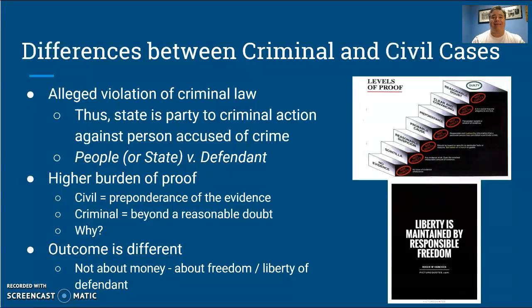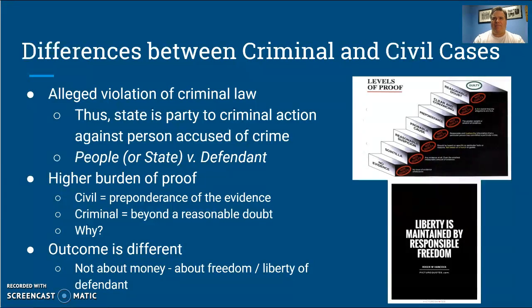Now, consider what's at stake in a criminal case. It's not money. It's not some sort of restriction to say, hey, you can't go within 100 feet of that person under an order of protection. It's somebody's freedom. It's liberty that's at stake.